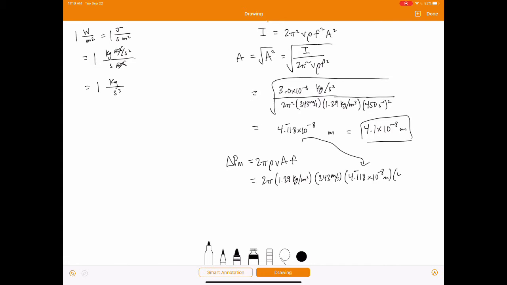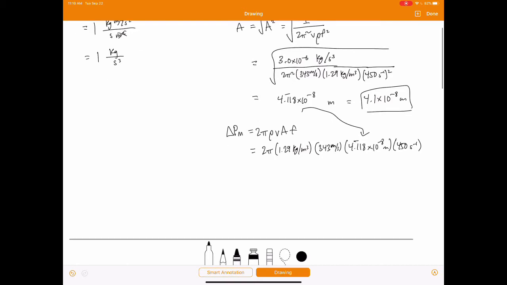And then F is 450 inverse seconds. That's the same as 450 hertz. Okay, this gives us 0.05152. And then we'll keep 2 sig figs on that.